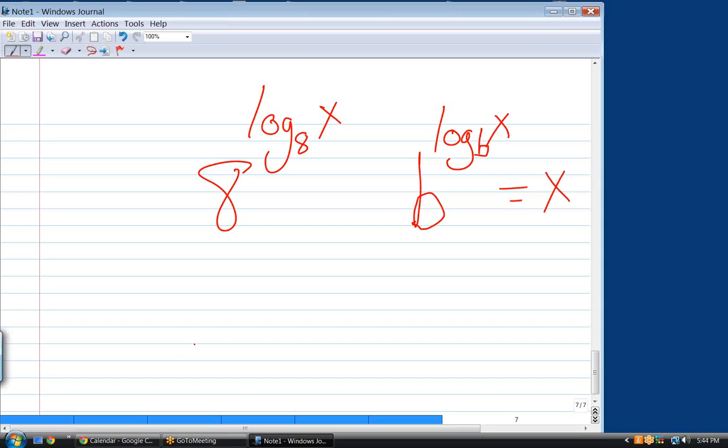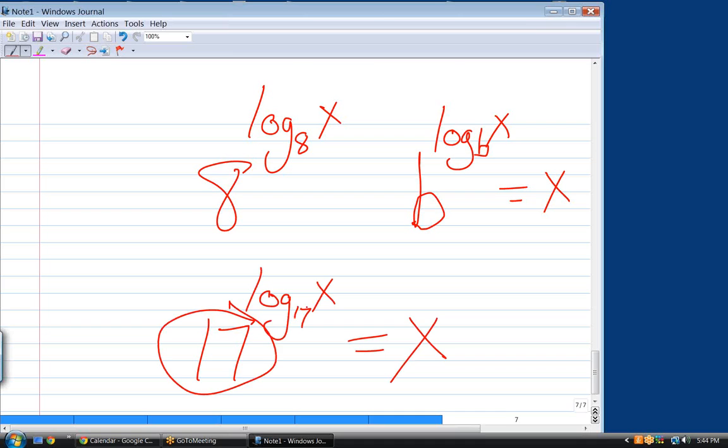In other words, if I said 17 to the log base 17 of x, that's equal to x. Or whatever that is. If it's x squared, then the result is x squared. In other words, if that were log base 17 of x squared, then that would be equal to x squared.